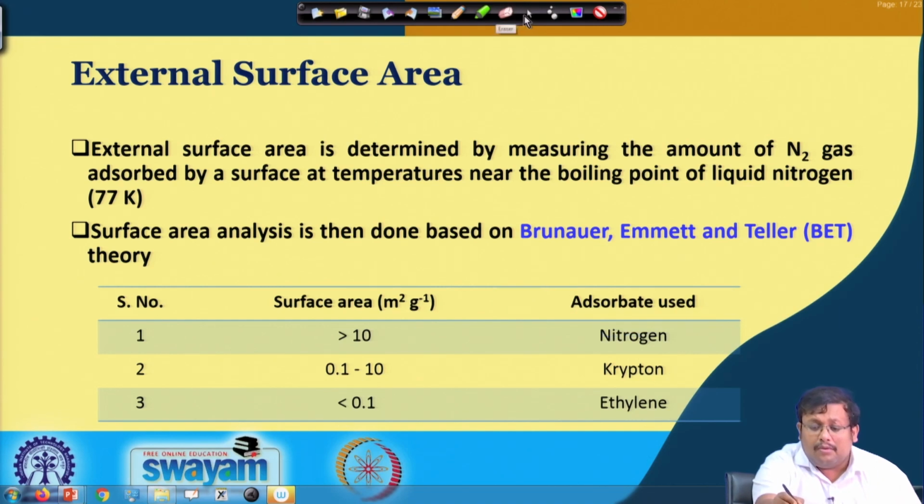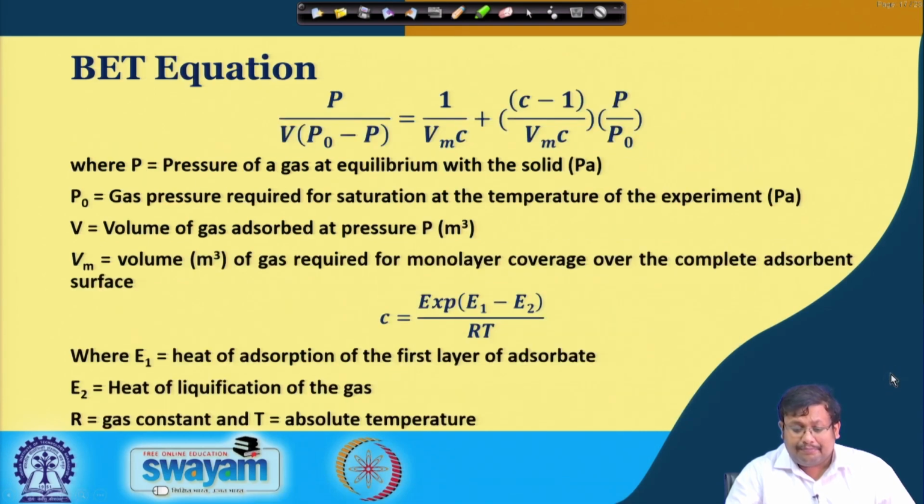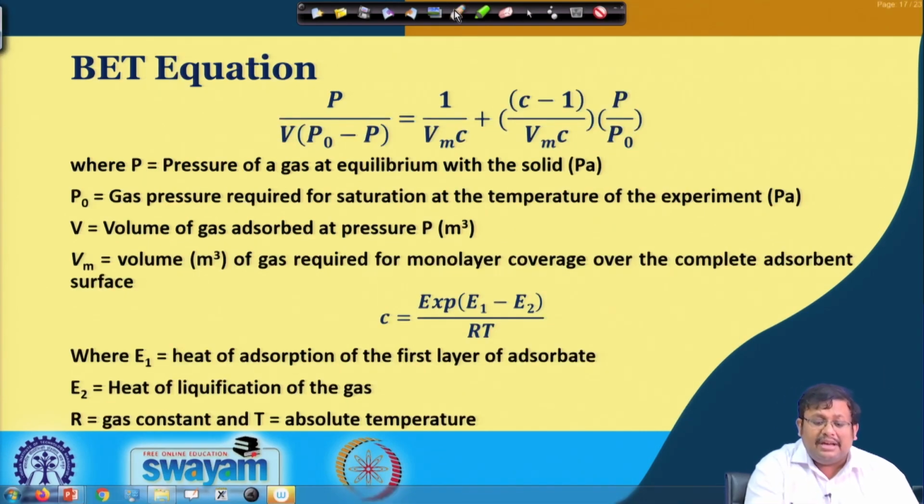So, let us see how BET theory explains the calculation of surface area. This is the formula of the BET equation. As you can see, P by V(P0 minus P), where P is the pressure of gas at equilibrium with the solid in Pascal, and P0 is the gas pressure required for saturation at the temperature of the experiment, also measured in Pascal. V is the volume of gas adsorbed at pressure P in cubic meter.